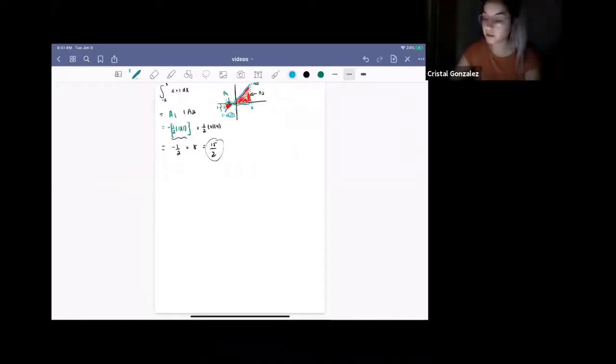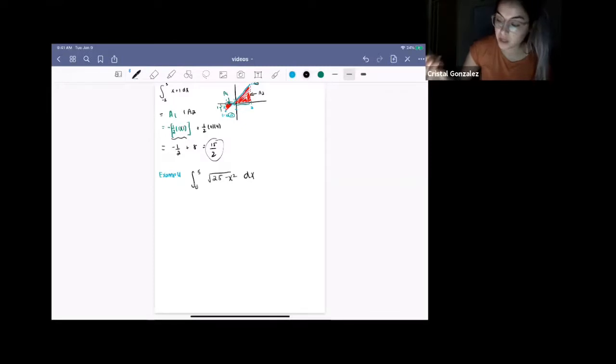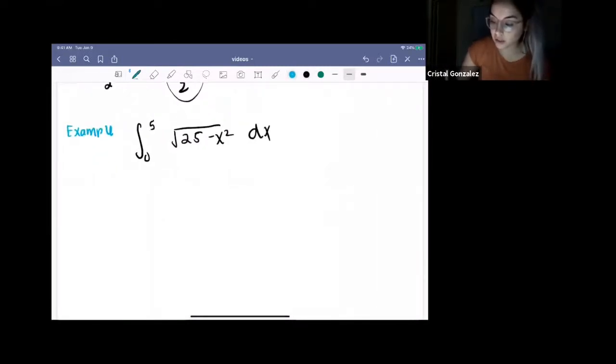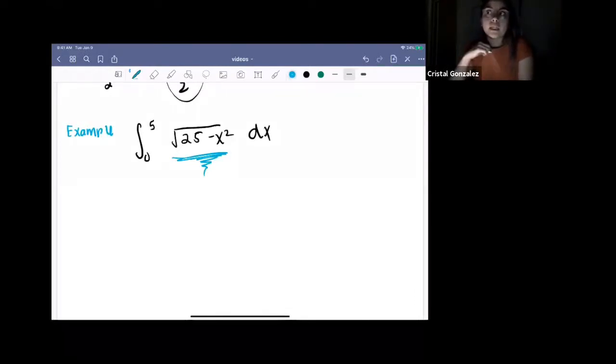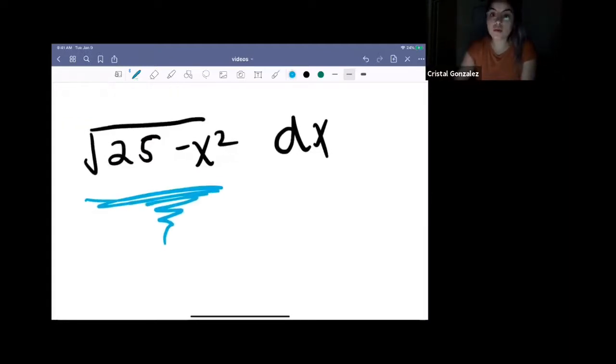And so another example of when we can do it geometrically is if we have the integral from 0 to 5 of the square root of 25 minus x squared dx. For this example, if we look at this function, it's kind of weird, and it would actually be almost impossible to do using Riemann sums without adding additional formulas, because we have a square root function.